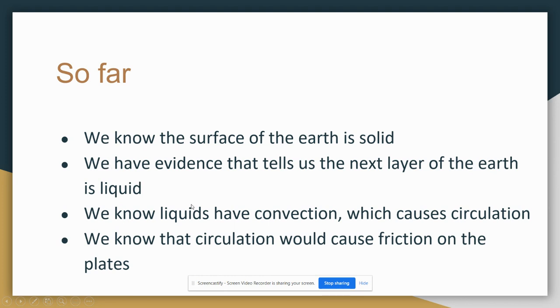And when we talk about earthquakes, we'll talk about other evidence that proves without a doubt that the mantle is liquid. And then we know that liquids undergo convection, which causes those liquids to circulate. And we know that that circulation would cause friction on the plates. So friction is what pushes and pulls the plates in the first place.